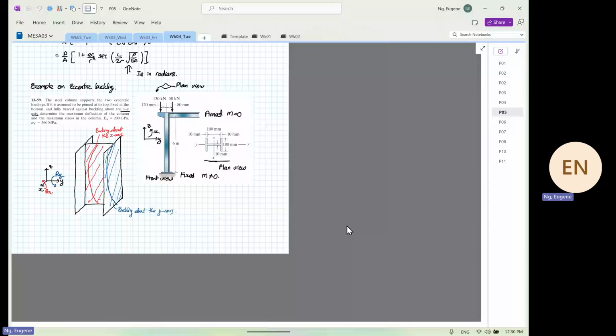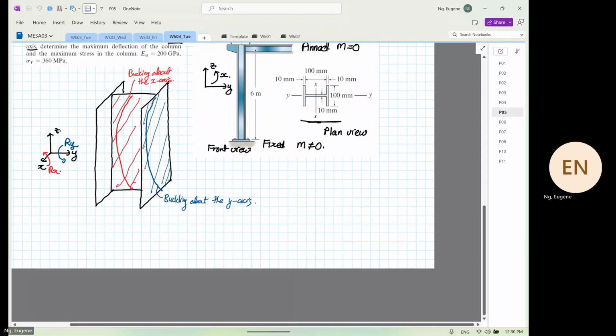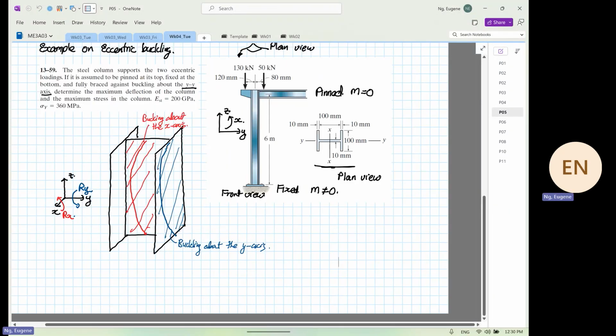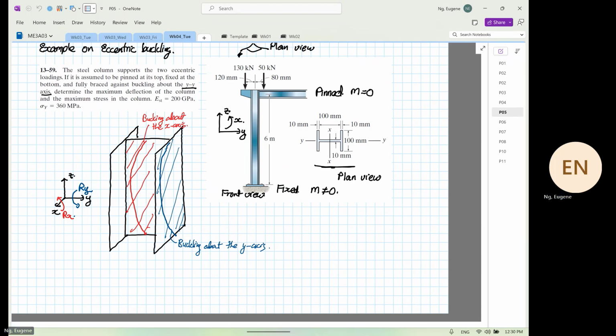So what we're going to do, we're going to continue on the problem that we have. So what it states down here is that the question says it prevents buckling in the YY axis.